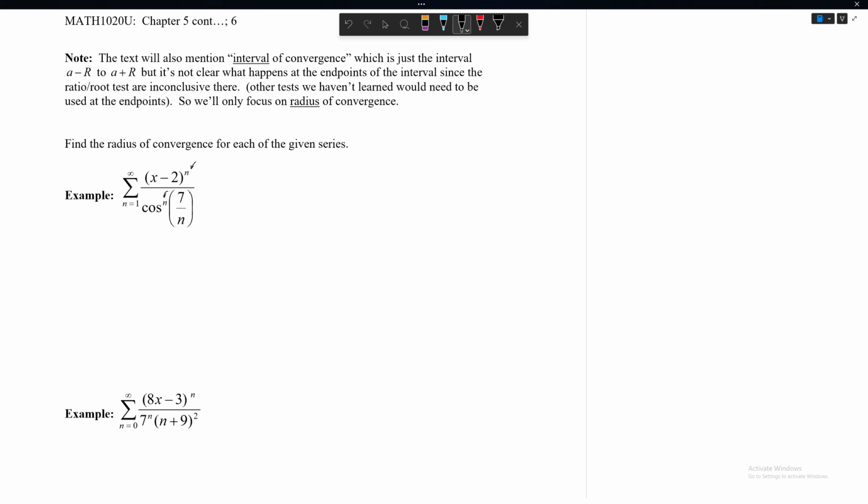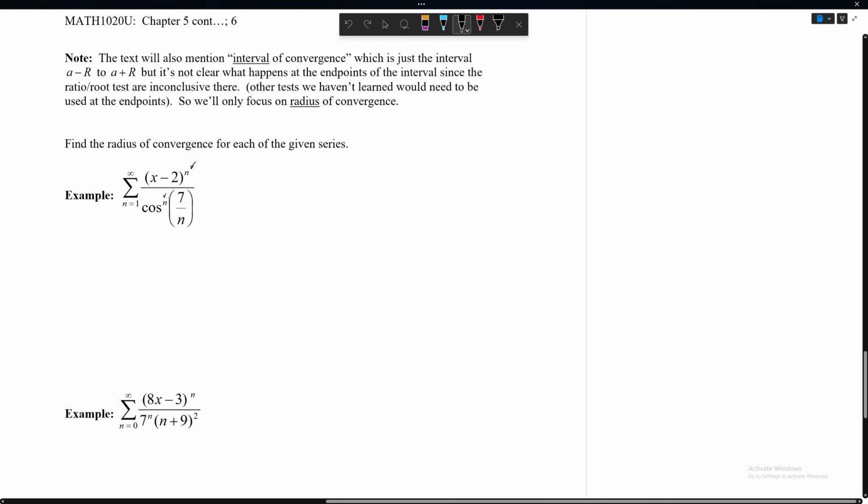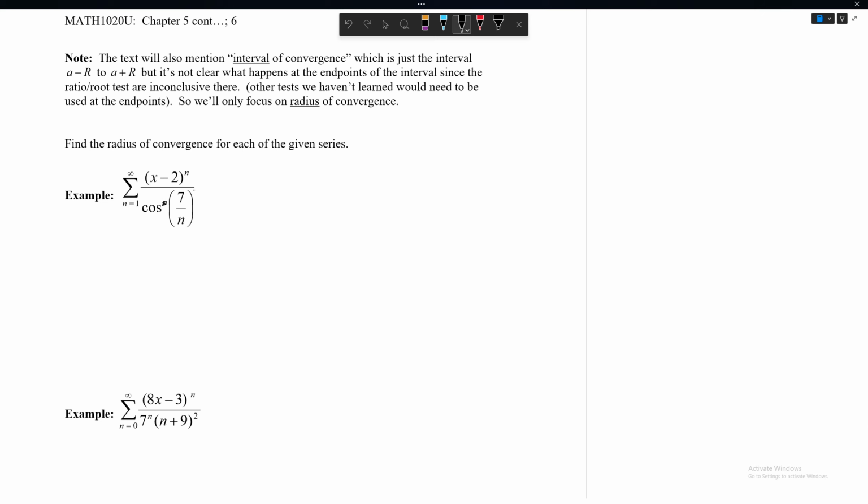So now that I accomplished this, let me go back and remove my arrows. I remove this and obviously put it all to the n. Now my denominator is all to the n, my numerator is all to the n. That means I can do x minus 2 divided by cos 7 over n, all to the n.